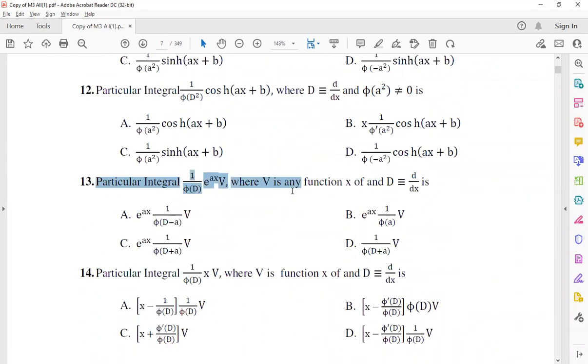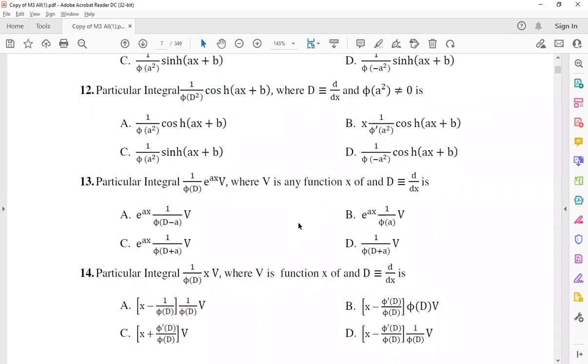Okay. Next, particular integral. Which case is this? Fifth case. Do you remember the fifth case? E raised to ax into v. What is that?